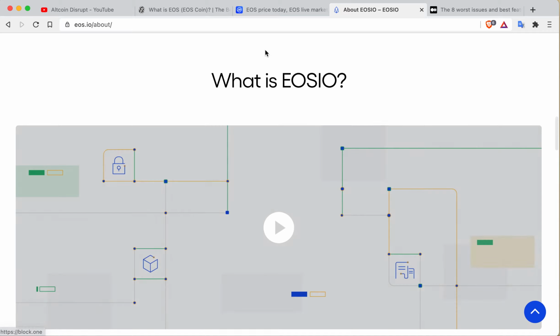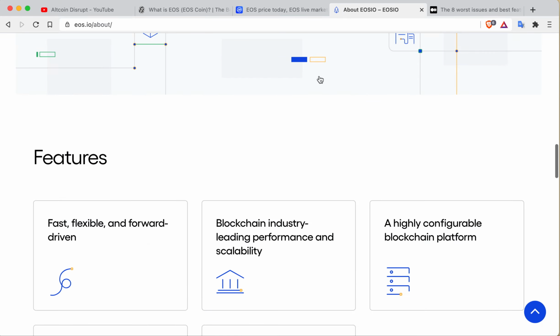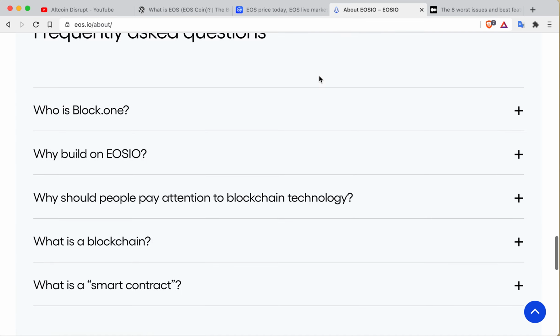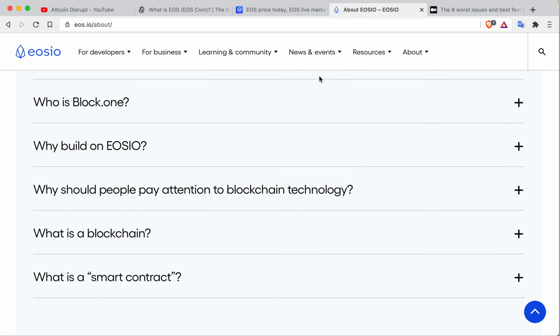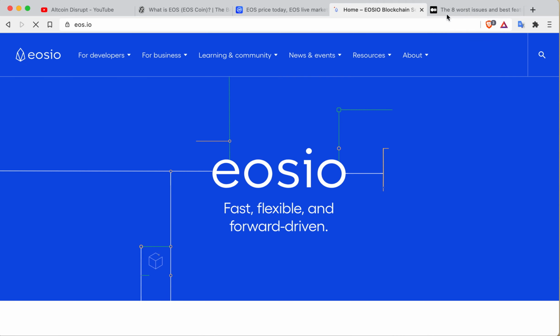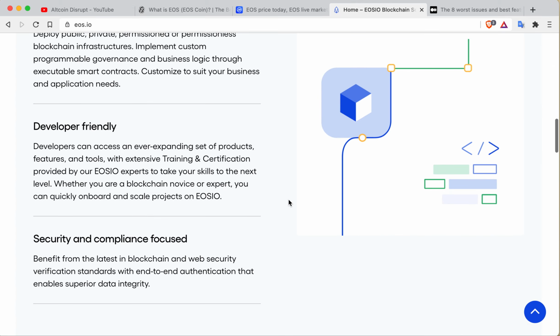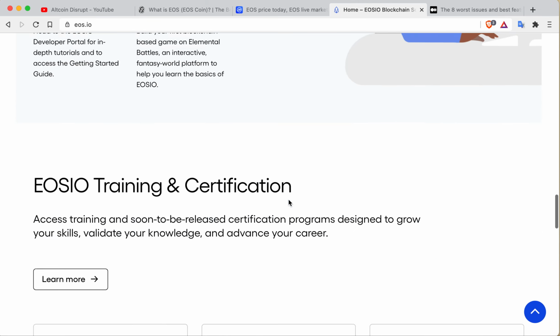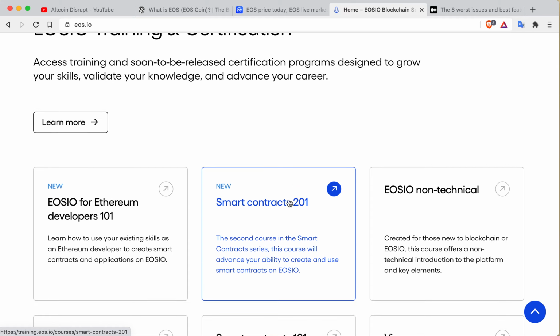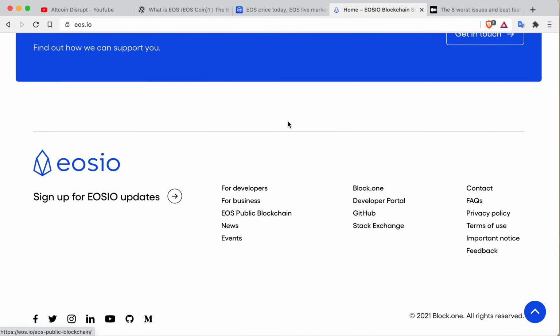And again, this isn't about EOS, this is about the platform, the software. So that's really annoying, because I really like it when companies make it easy to understand their system and their coin. But in actuality, there's a lot more information that is hidden about EOS. And if you don't do your own research, you will probably never know. You've got to dive deep.